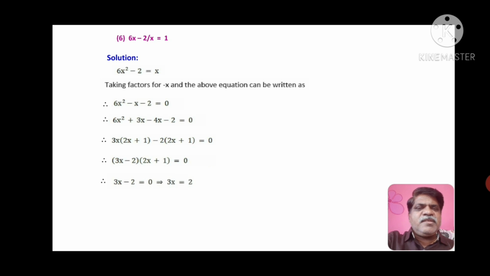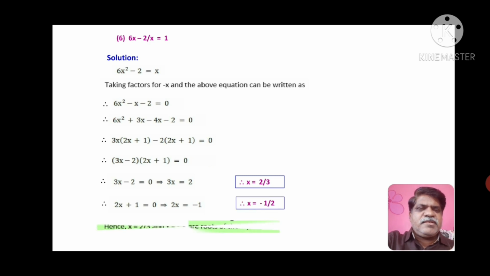Therefore, 3x minus 2 is equal to 0, which means 3x is equal to 2, or x is equal to 2 upon 3. Or 2x plus 1 is equal to 0, or 2x is equal to minus 1. Therefore, x is equal to minus 1 by 2. Hence, x is equal to 2 upon 3 and x is equal to minus 1 by 2 are the roots of the given equation.